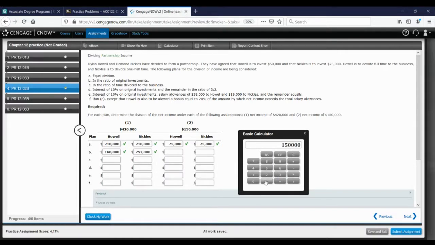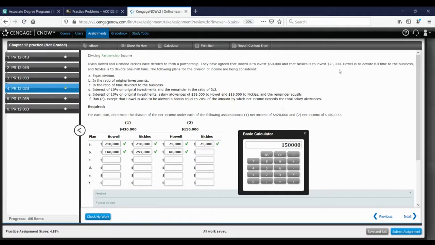$150,000 times 40% is 60,000. $150,000 would be multiplied by 60% for Nichols.